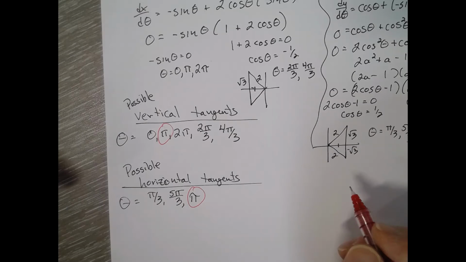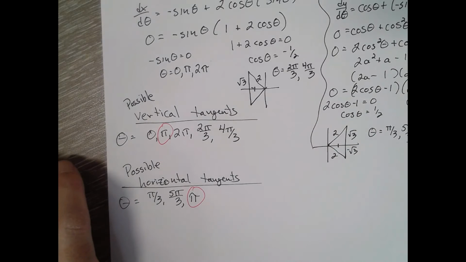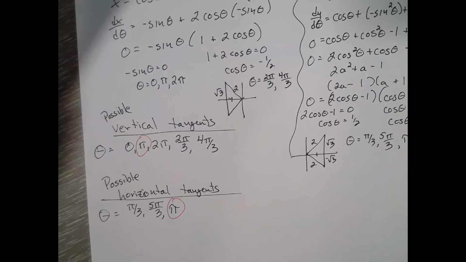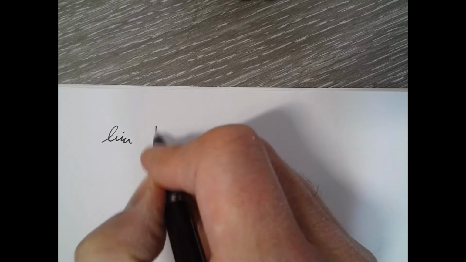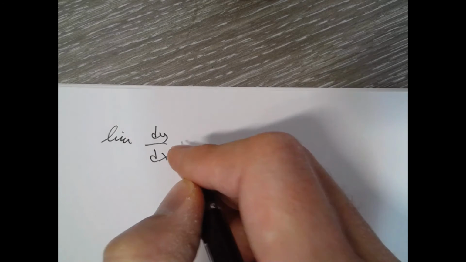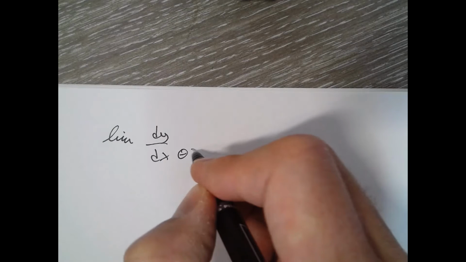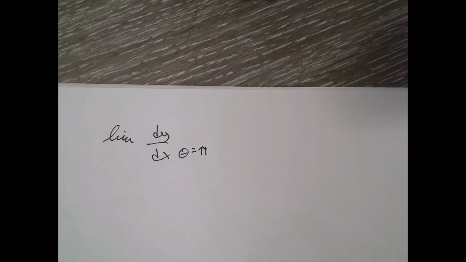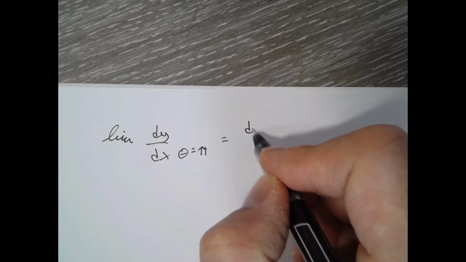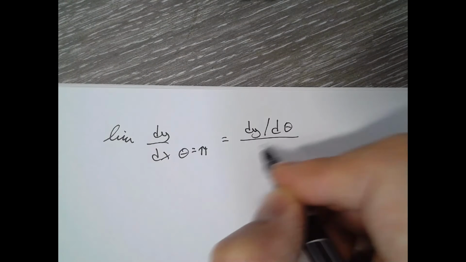So what we need to do is probably grab another sheet of paper, and we're going to find the limit of dy dx as theta goes to pi, and dy dx is equal to dy d theta over dx d theta.